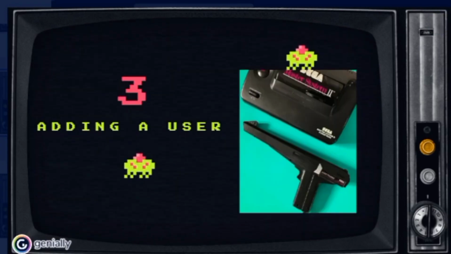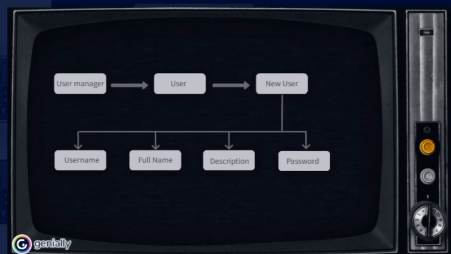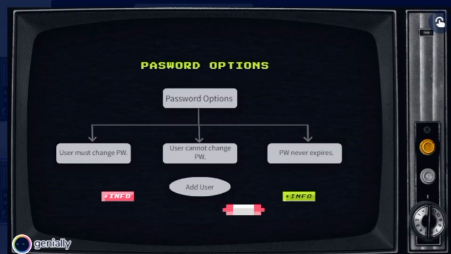Adding a user. Adding a user steps. The first one is User Manager, User, New User, then create password, description, full name, and username. Password options. So these are the password options: user must change password, user cannot change password, password never expires.